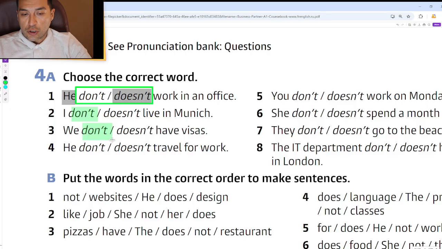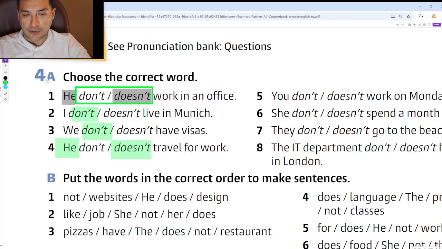We don't have visas. Next, he don't or he doesn't travel for work. He doesn't travel for work.